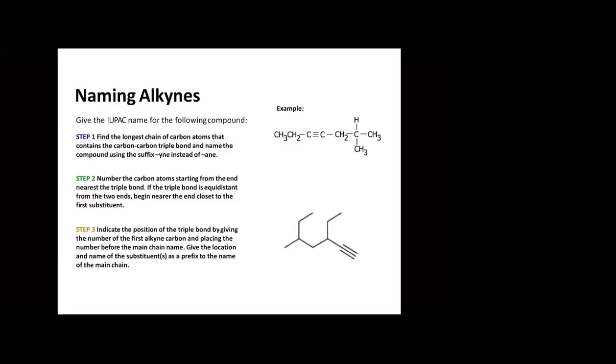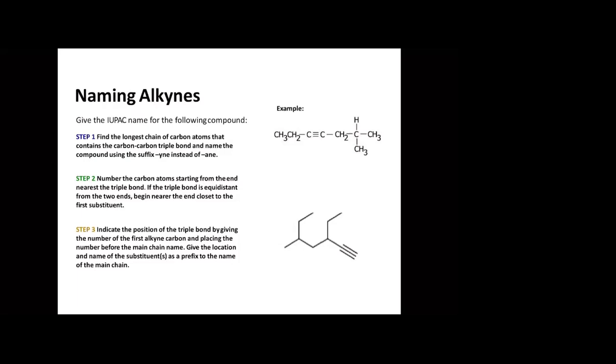How do we name the atoms? Well, you're going to number the carbon atoms starting from the end that is closest to the carbon-carbon triple bond. We talked about equidistant alkenes. You could have equidistant alkynes.